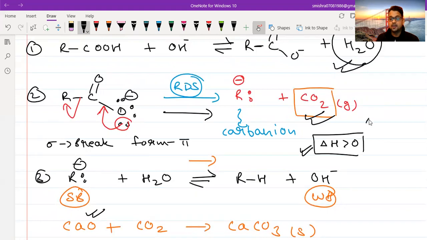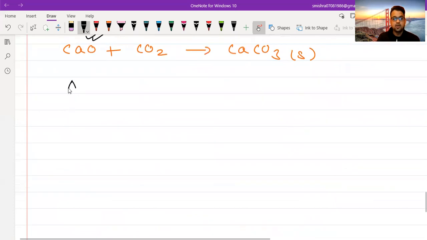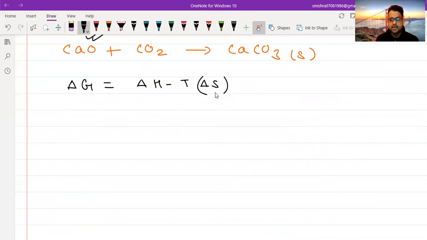And if you look at it, then delta S is also positive because it is elimination. A is going to B plus C. Elimination, delta S is positive. So now if you consider delta G equals delta H minus T delta S, then this particular term is positive, and since delta S is positive, this term will be negative. ठीक है, ये positive है, delta S positive है, so this term will be negative.